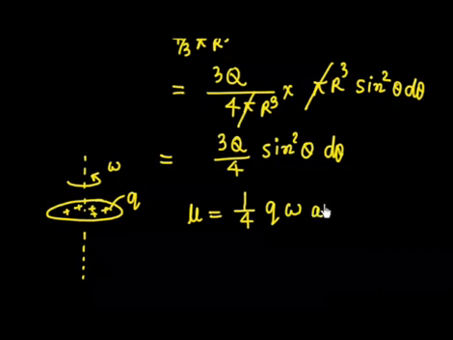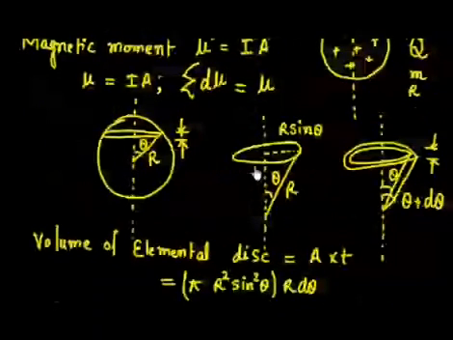So let us say a square, where a is the radius. So this ring has the radius a. Now I will use the same thing. I have a disk here.